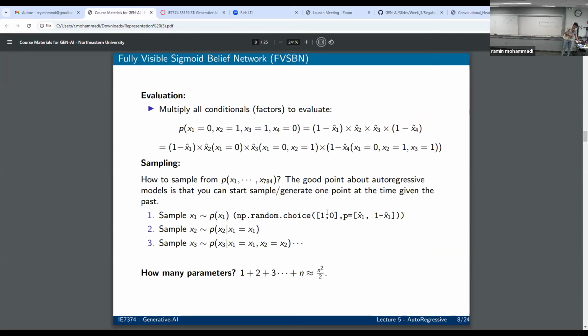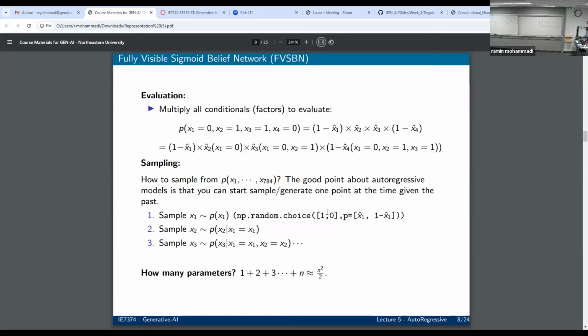Now, if you want to do evaluation, meaning what is the probability of x1 being 0, x2 being 1, and so on, that simply becomes a multiplication of individual probabilities. The probability of x1 being 0 means 1 minus the probability of x1, because we have the probability of x1 equal to 1.